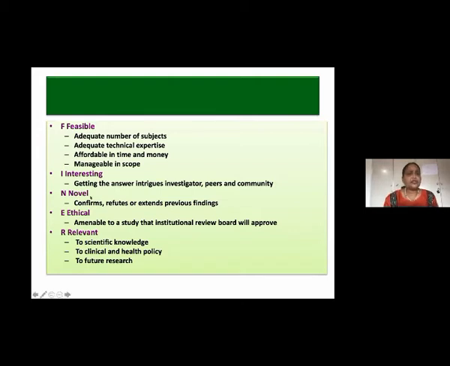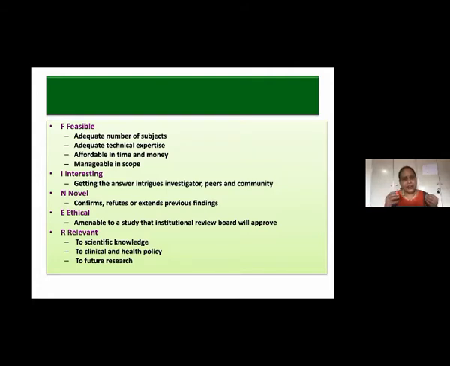I means it should be interesting. That means it should get you answers which intrigue the investigator, the peers, and the community. We have to also remember research is done because there's a passion to find that answer. Getting a publication out of it, getting a promotion out of it, all that comes alongside.